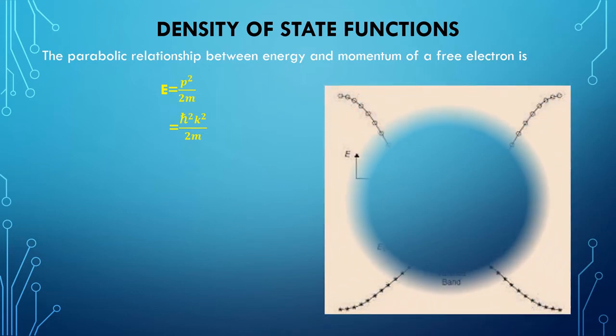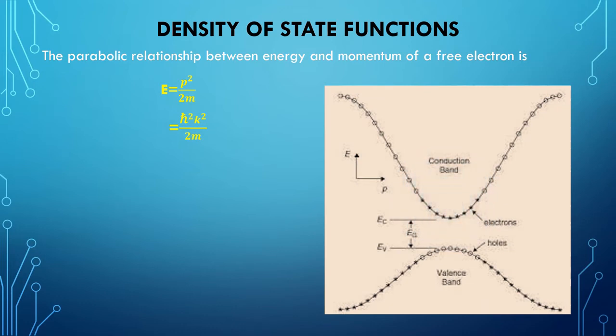So, this is our E versus K curve, where this is the conduction band and this is the valence band. In the conduction band we get electrons and in the valence band we get holes. This is the gap between the conduction band and valence band.